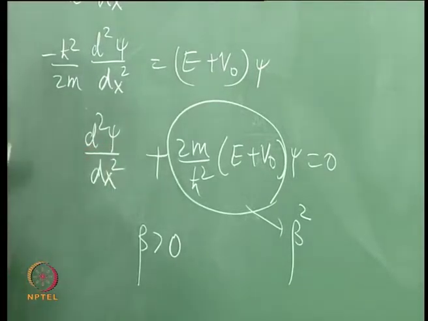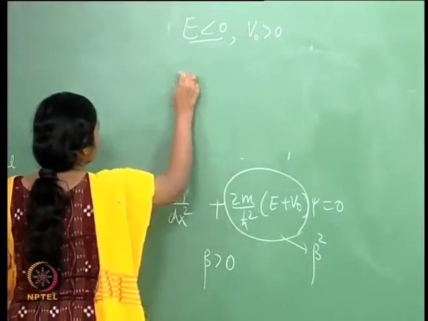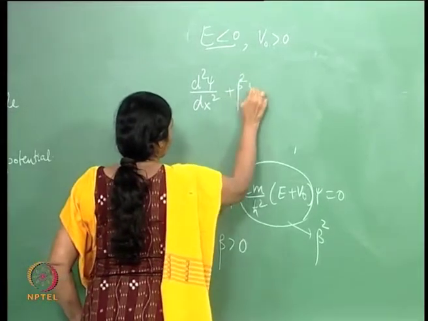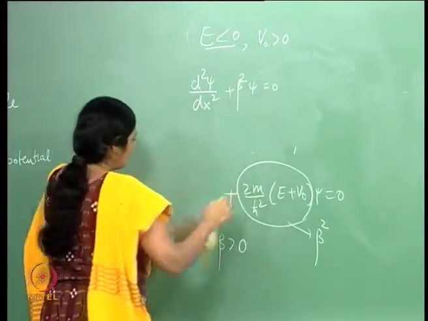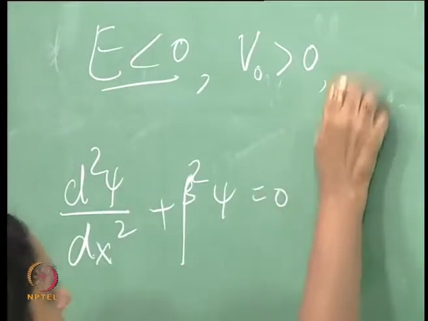So I have this equation. Let me just rewrite that equation here. I have d2 psi by dx squared plus beta squared psi equals 0. Again, the solution to this equation is obvious.